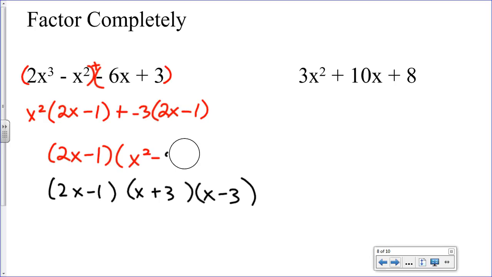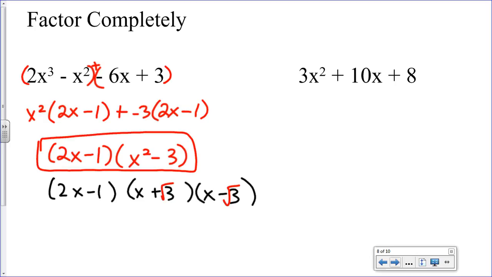Now, since it's not a difference of squares, since 3 is not a perfect square, sometimes your book will still factor it like it is a difference of squares. 3 is not a perfect square, so the only thing you could write that as would be like this, with the radicals there. So you might see this as your answer. I'm fine with you leaving it like this, unless that's a perfect square. But it is possible to write it like this second one right here.